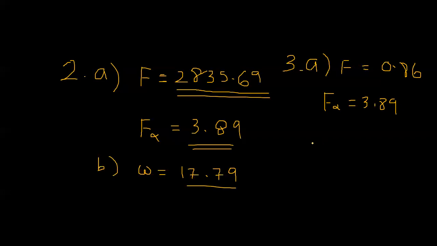And then for 3B, for the Tukey test or Tukey method, the value of omega should be 8.46.